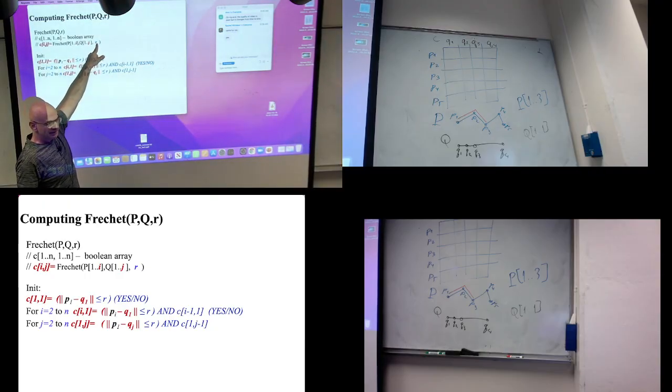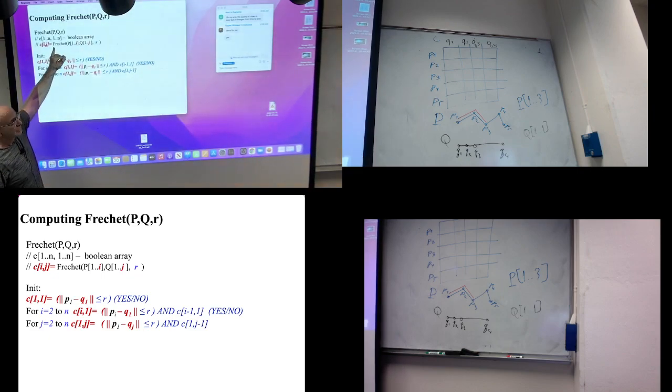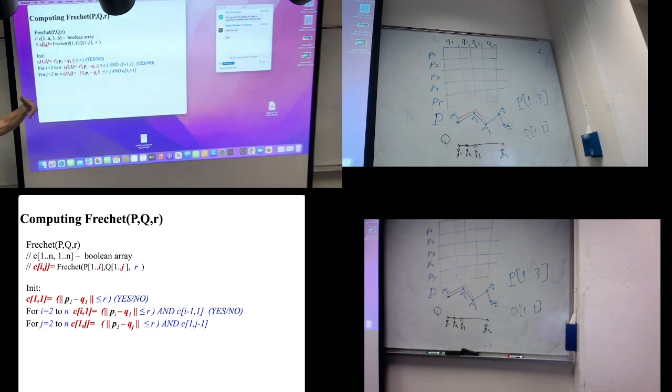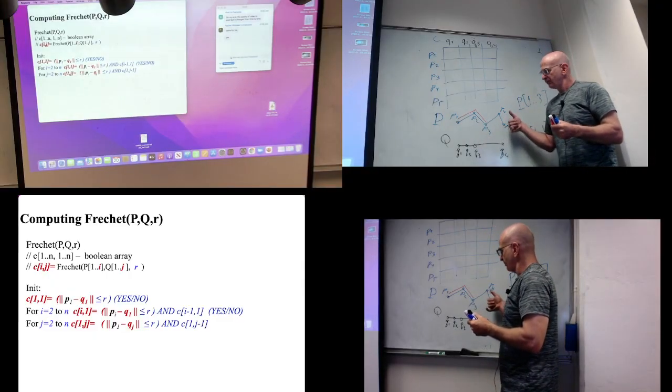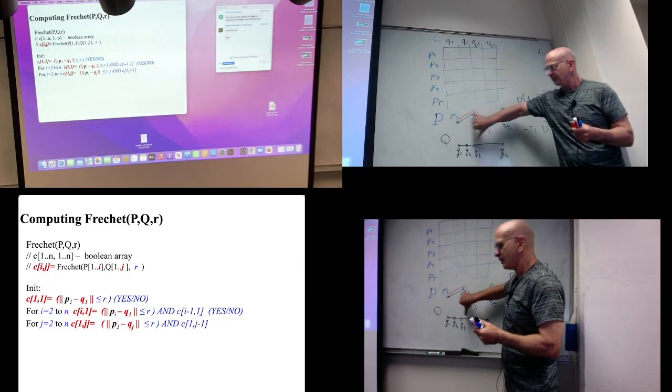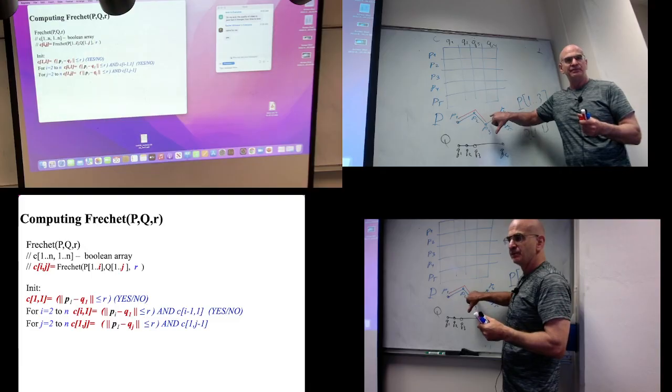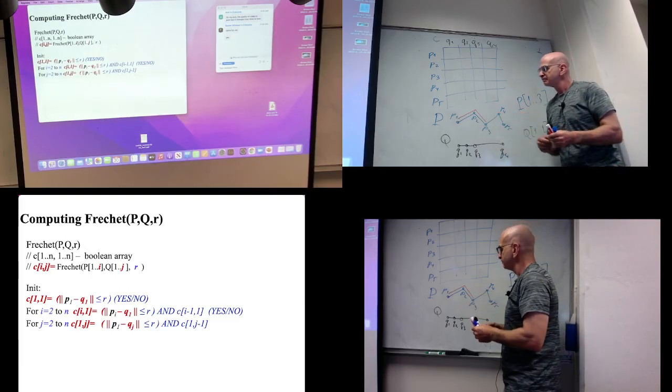R is 17 meters, the same 17 meters that we saw earlier. Frechet is a Boolean function; it tells you true or false, yes or no. C[i][j] should contain yes or no, depending on whether the Frechet distance is within R, but not between the whole of P and the whole of Q; rather, just between some prefix of P and some prefix of Q.